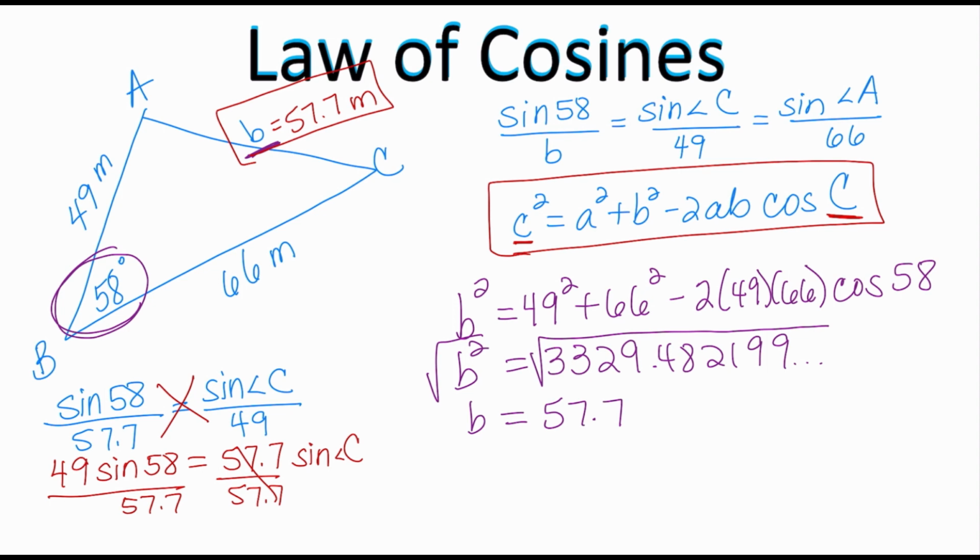Remember to close parentheses if your calculator opens a parenthesis. That numerator part should give you 41.55435671, divided by 57.7, which is going to give you 0.720179, and so on. This is equal to the sine of angle C.